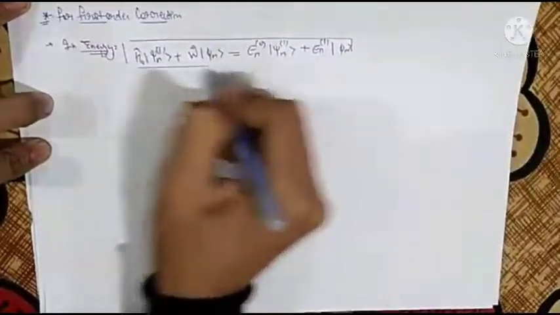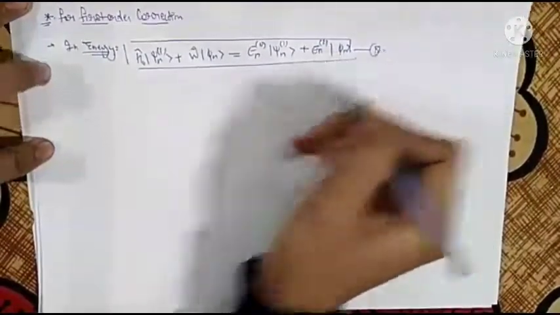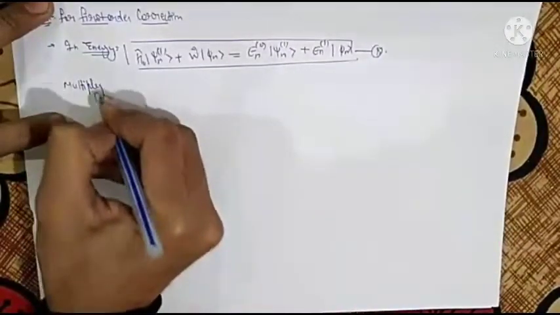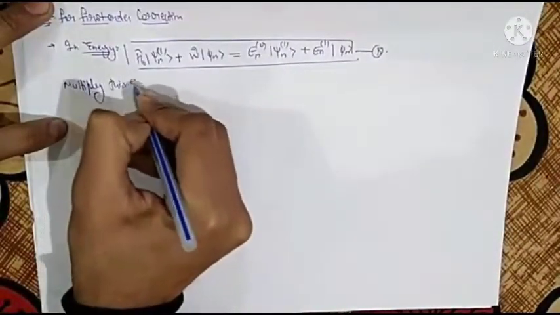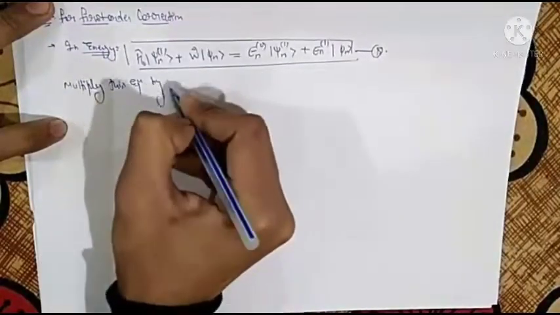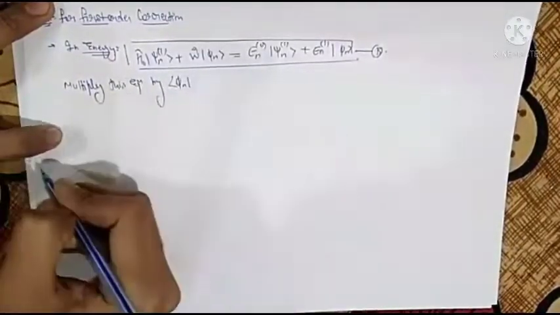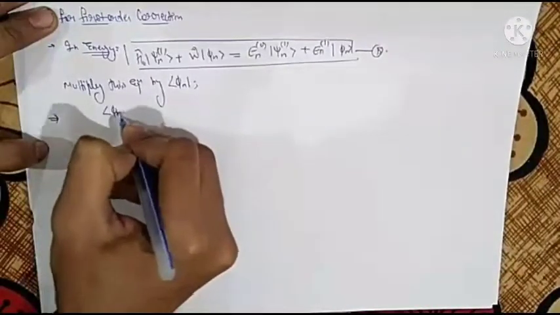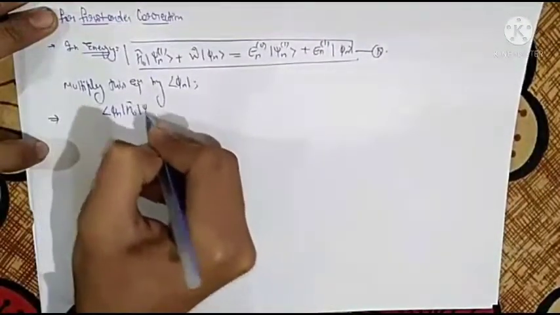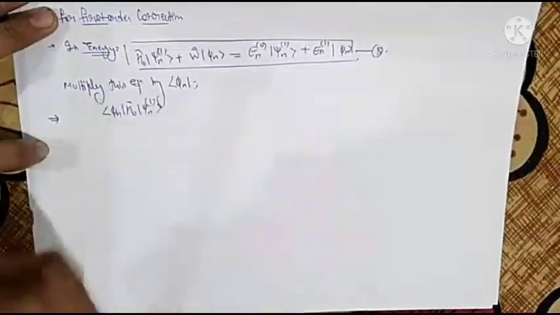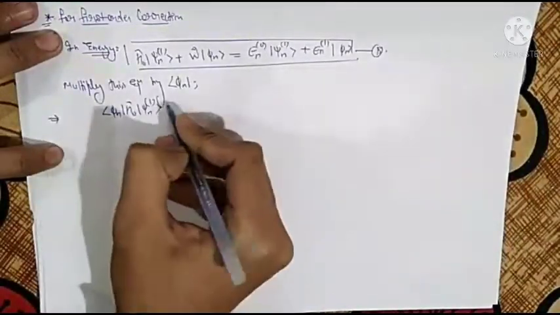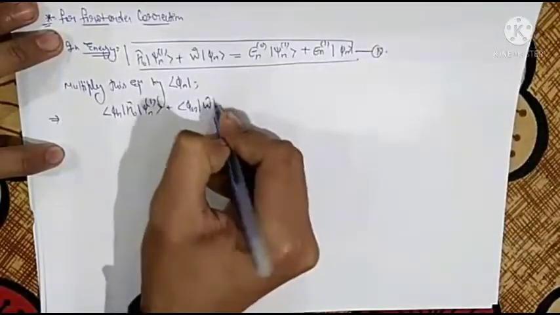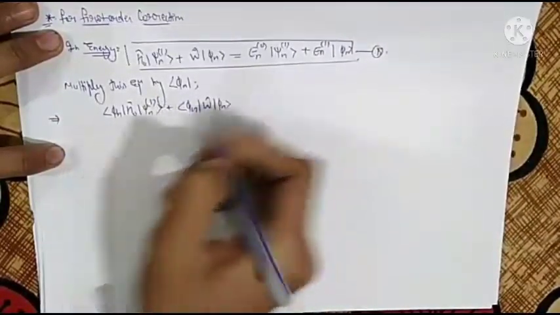What we have to do is multiply this equation by bra phi n, right? So it will be phi n into h naught into psi n1 plus phi n W acting on phi n.